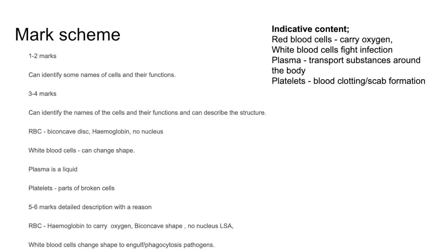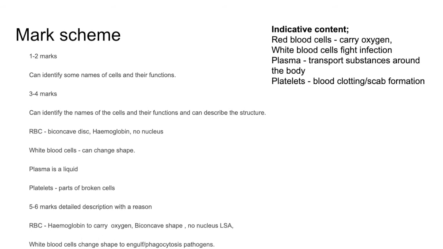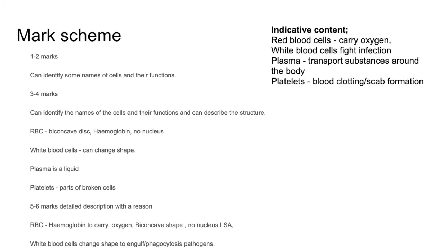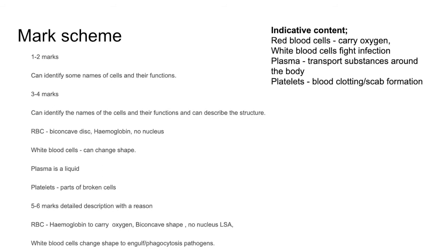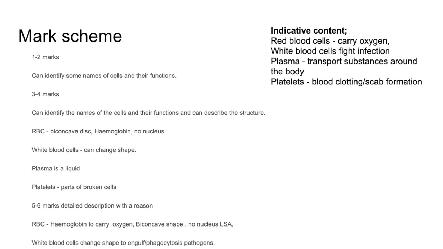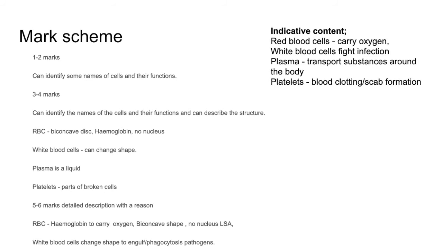There's a bigger surface area, and they've also got no nucleus, which again means that there is more area there that can combine with oxygen. You might perhaps have had that they're small, so they can squeeze down the small capillaries, or white blood cells can change shape so that they can engulf any pathogens in the blood. So anything that you need to add, do that now, please.